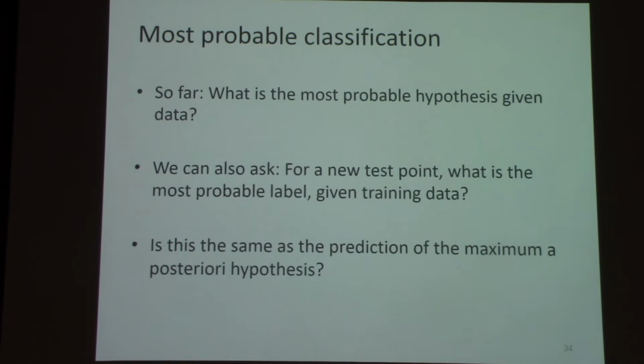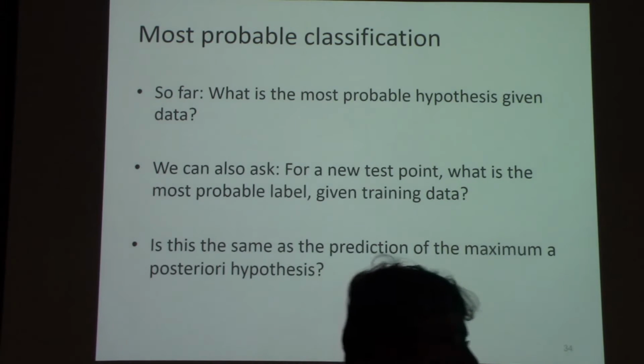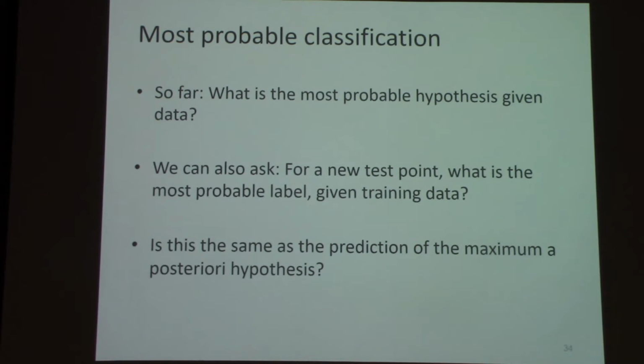So, in order to motivate Bayes optimal classification, we need to think about how we make decisions slightly differently. So far, what we've been doing is you're given a training set and we find the most probable hypothesis, the best hypothesis. And then you fix the hypothesis, and when a new example comes in, you go around making predictions using this fixed hypothesis.